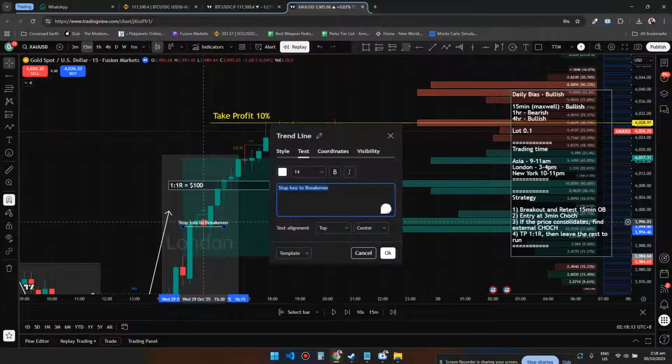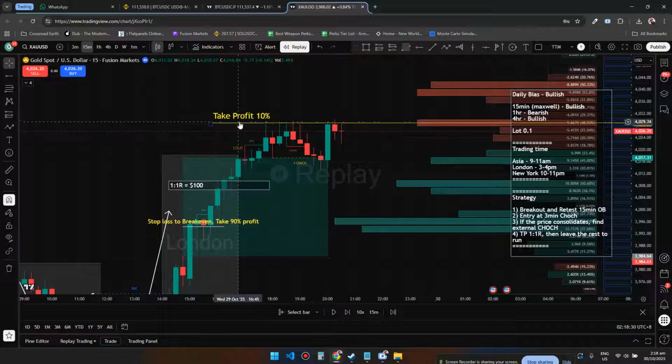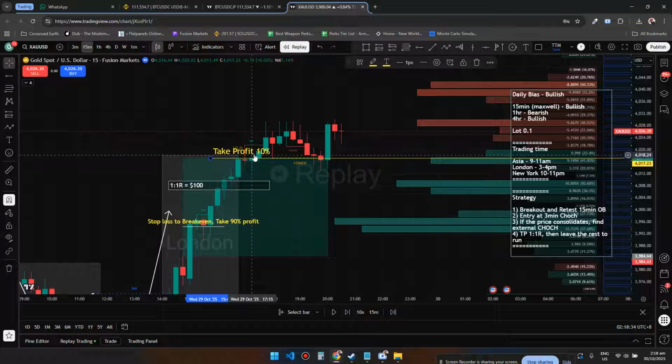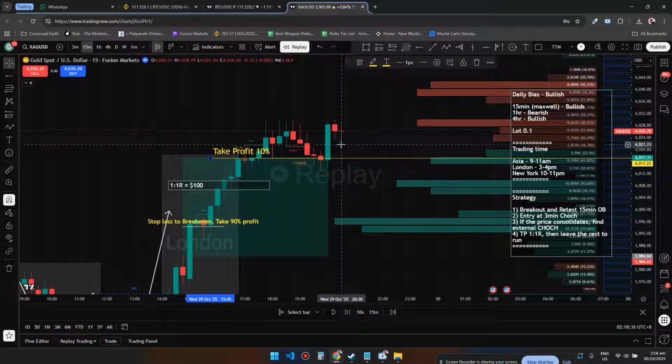Okay, maybe I explain further. So here I took 90% profit. At this area I took 90% profit. And then I was trailing my stop loss to take the 10% profit.